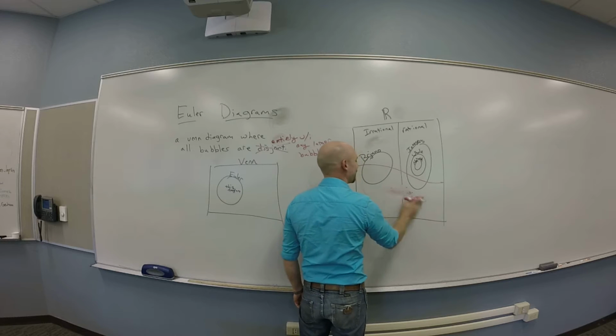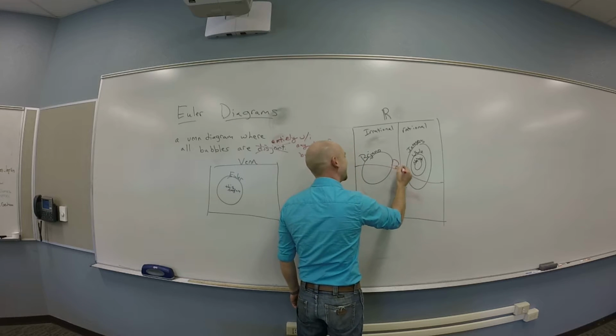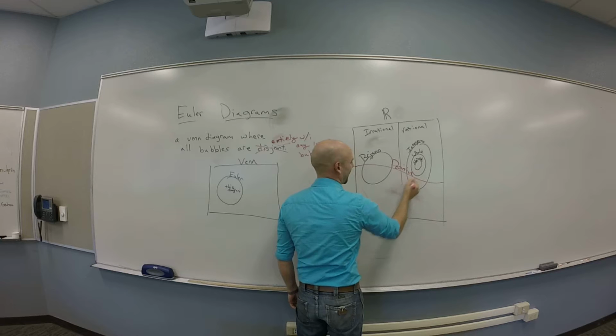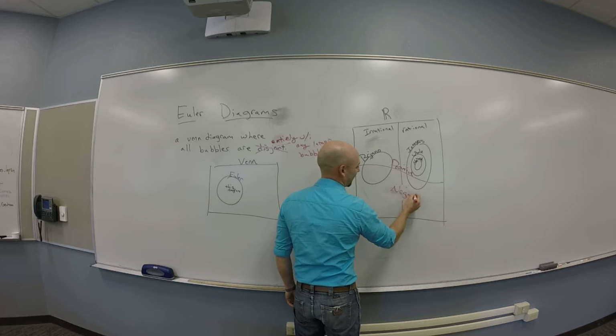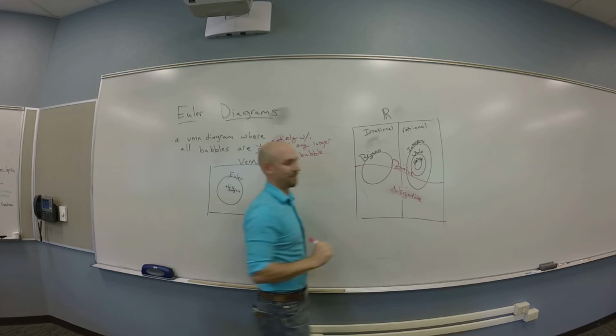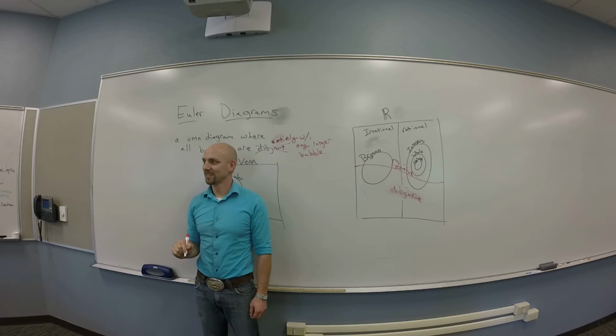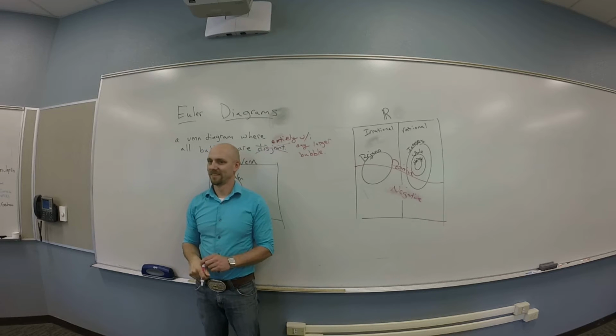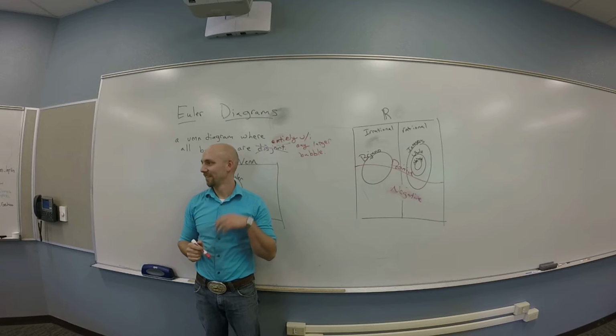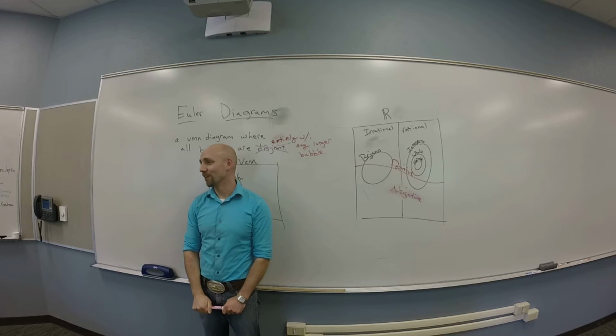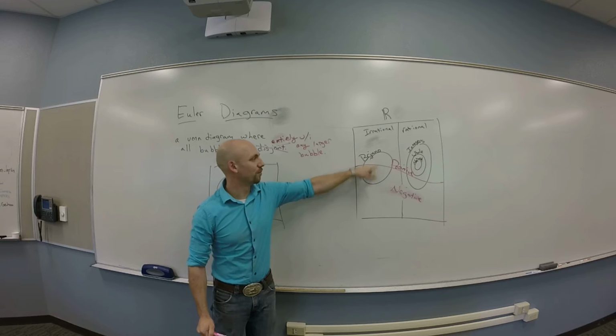I labeled the wrong side. That's no longer Euler, and this fails to be an Euler diagram now because I have this funky list in both pieces.